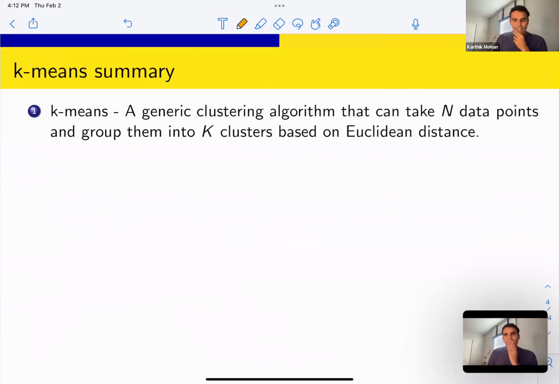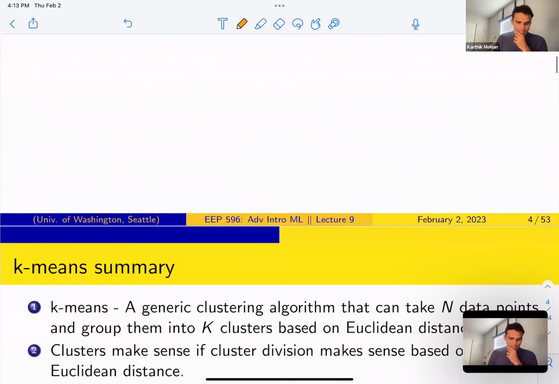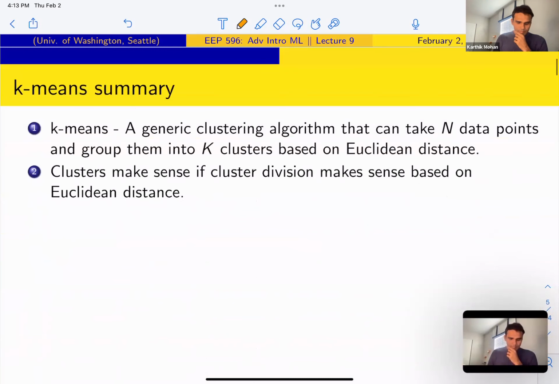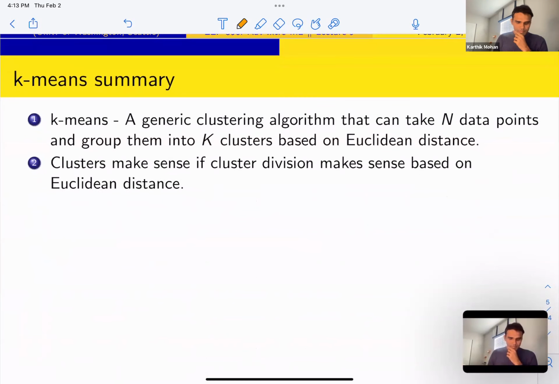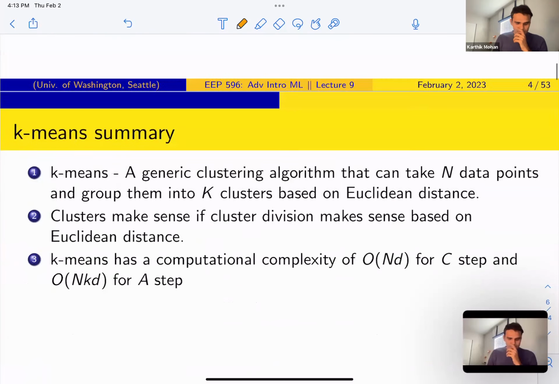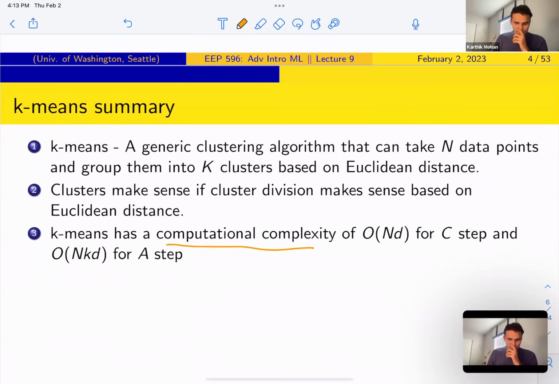K-means is a generic clustering algorithm that can take n data points and group them into K clusters based on Euclidean distance. Clusters make sense if the Euclidean distance we're using makes sense, right? So K-means makes sense if you're good on Euclidean distance. We looked at the computational complexity for the C step and the A step.